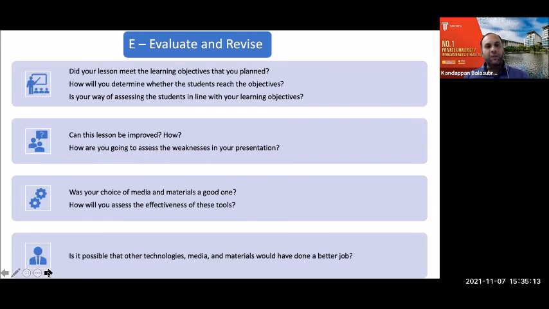The third one, whether my choice of media and material is a good one, or is there something better available? So this is where you can go for a lot of teaching resources available in the market, but try to search for authentic resources. Okay, you go to platforms like LinkedIn, or maybe even Facebook. There are a lot of learning groups available, so automatically you can look for information.